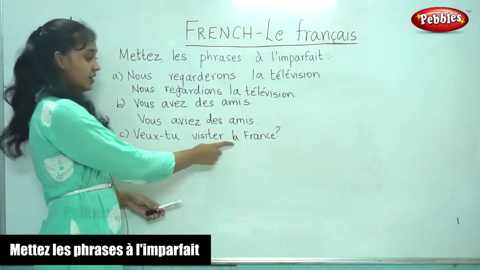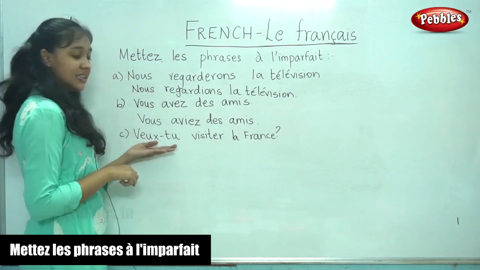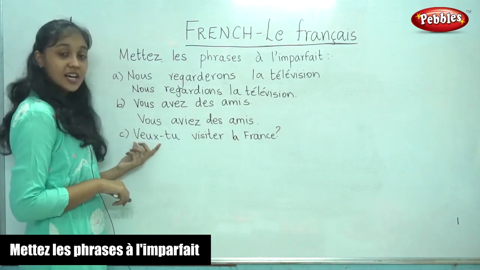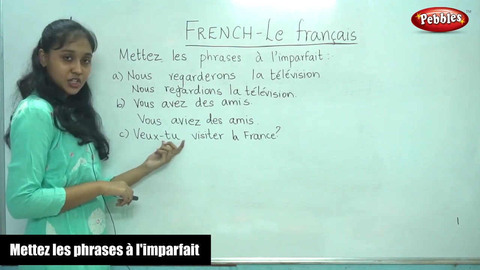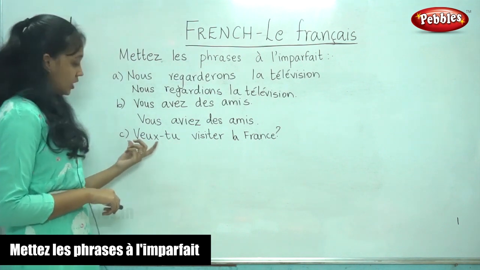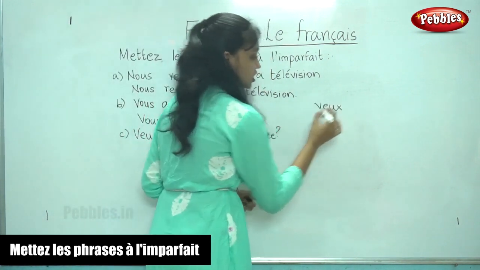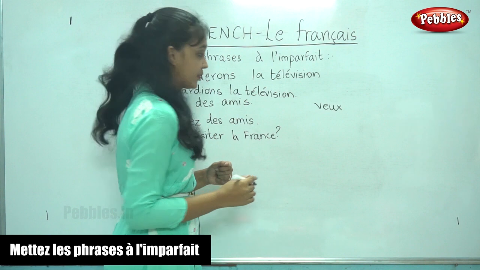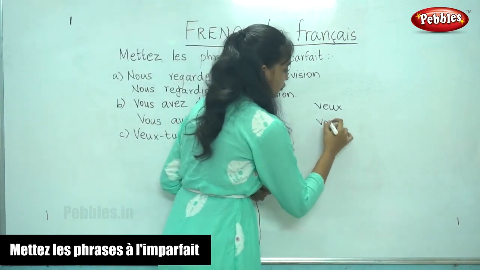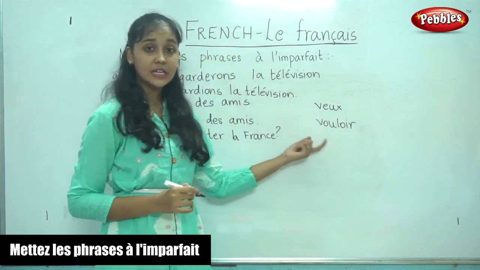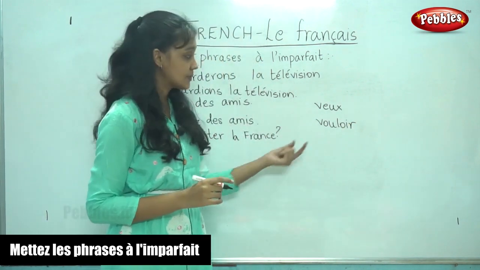Vas-tu visiter la France? Now in this sentence, what is our verb? It is vas and the subject is tu. Now vas is the conjugation of what verb? It is the vouloir verb. Vouloir means to want.